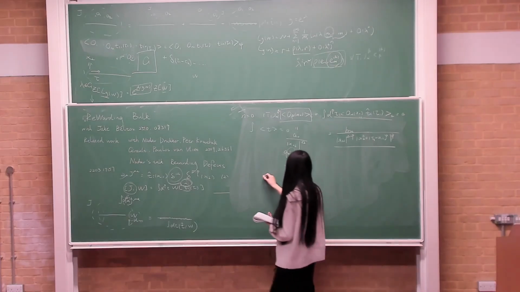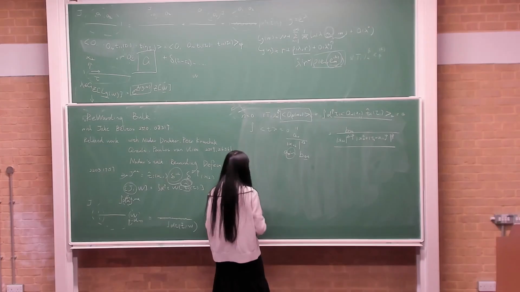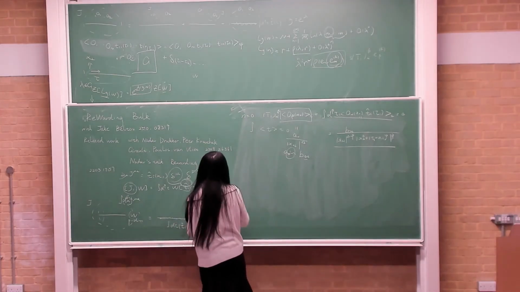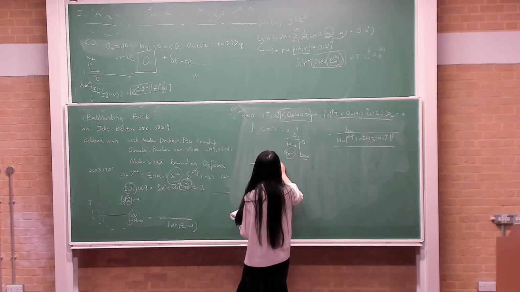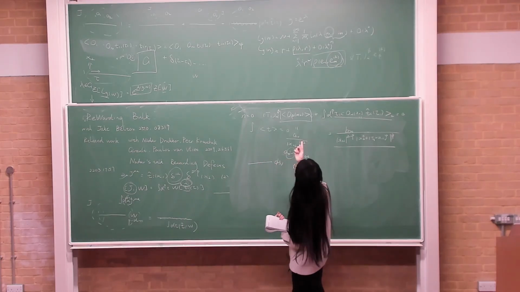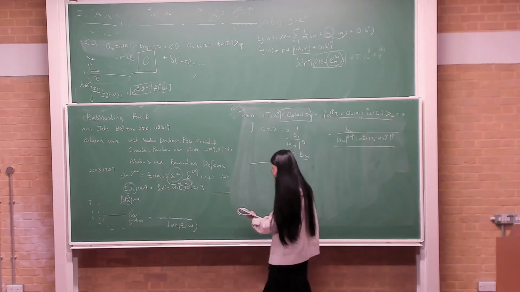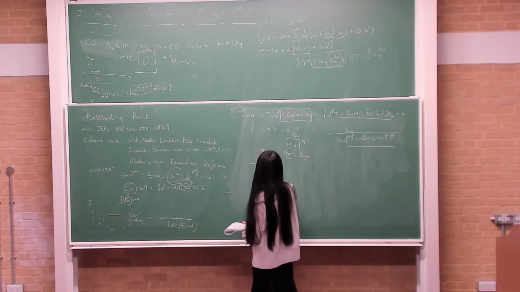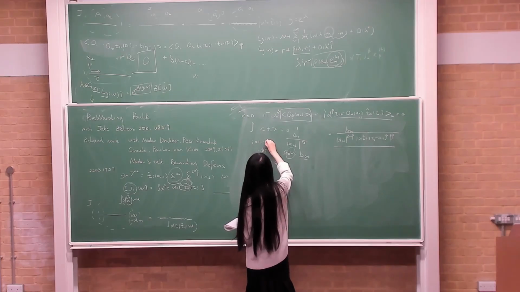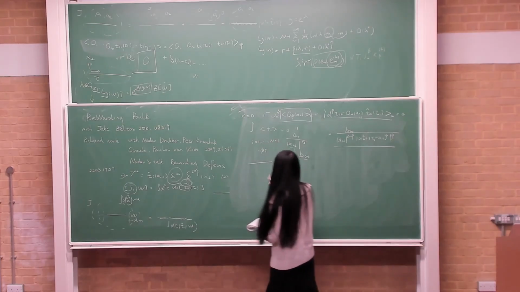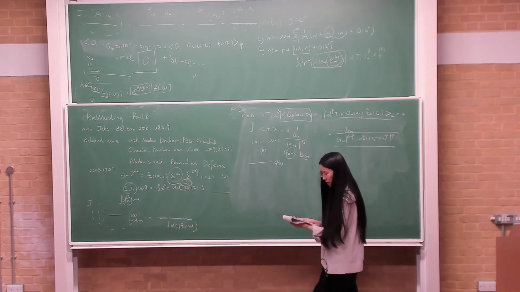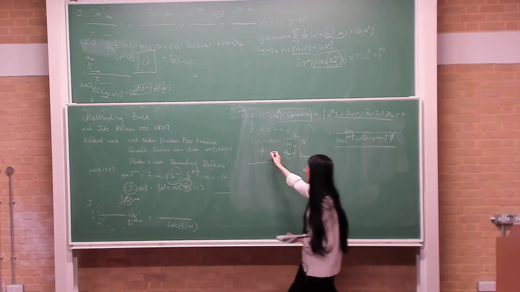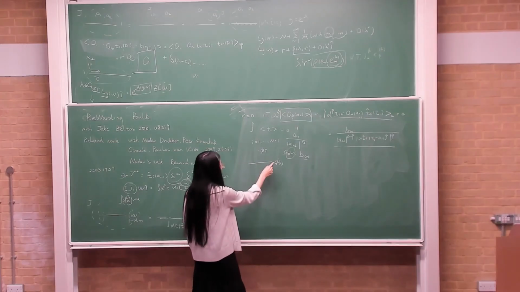So if I have a defect, as what I drew just now, and the bulk operator I say is phi I, where I goes from 1 to n-1. In this system, the one-point function of phi I, at least at leading order, is 0.